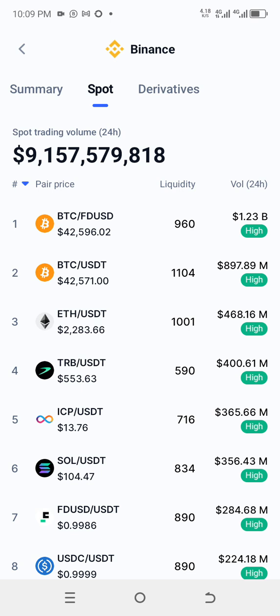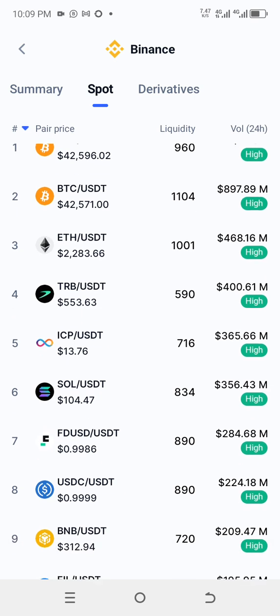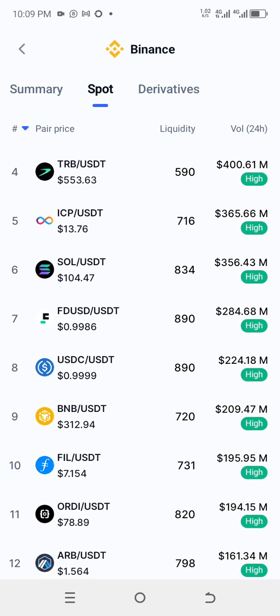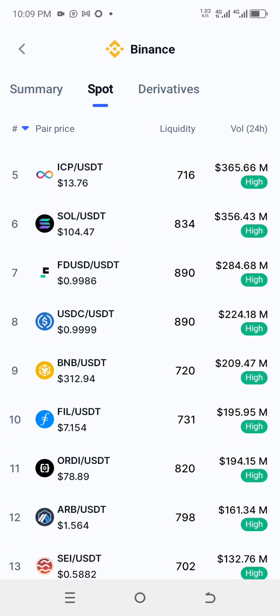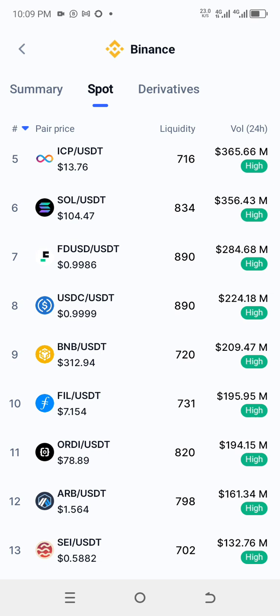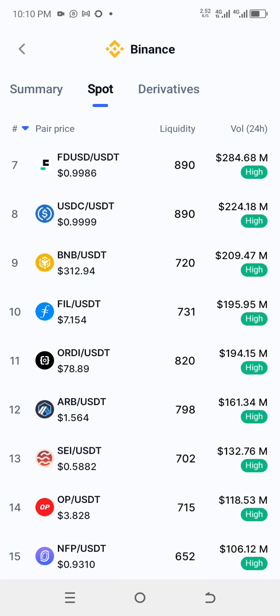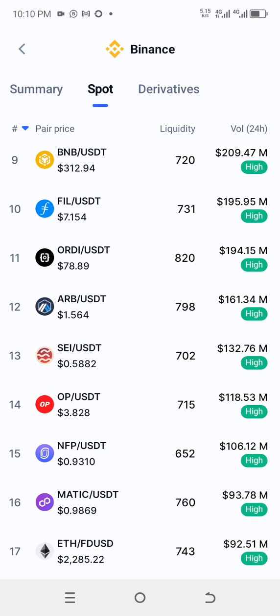You can see TRB, ICP, SOL which is Solana, FDUSD, USDC, BNB USDT, FIL, and ODI. Wow, ODI is really doing well. You can see ARB, SHIB, OP, NFP.